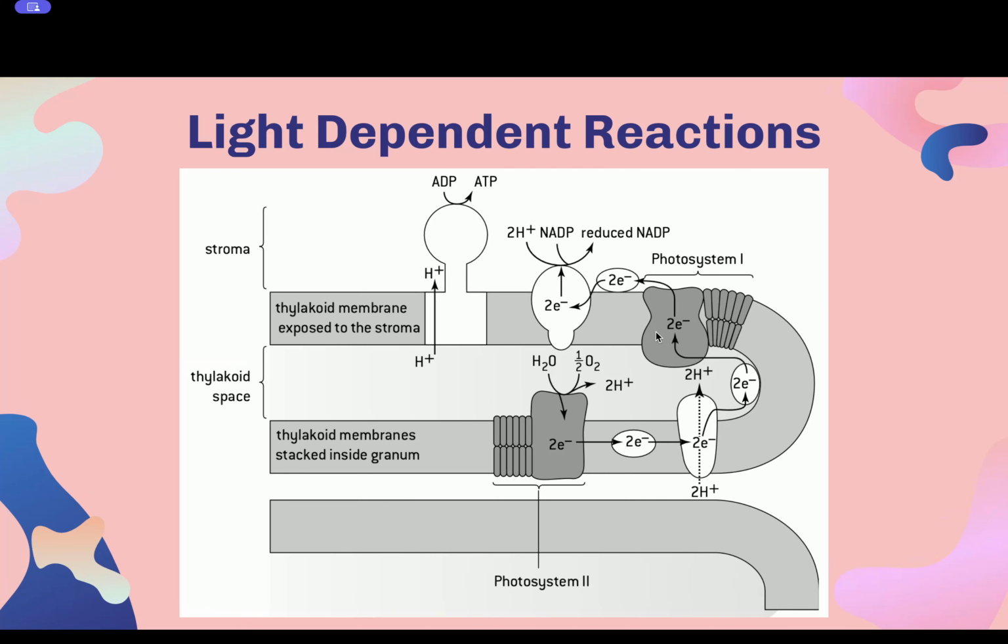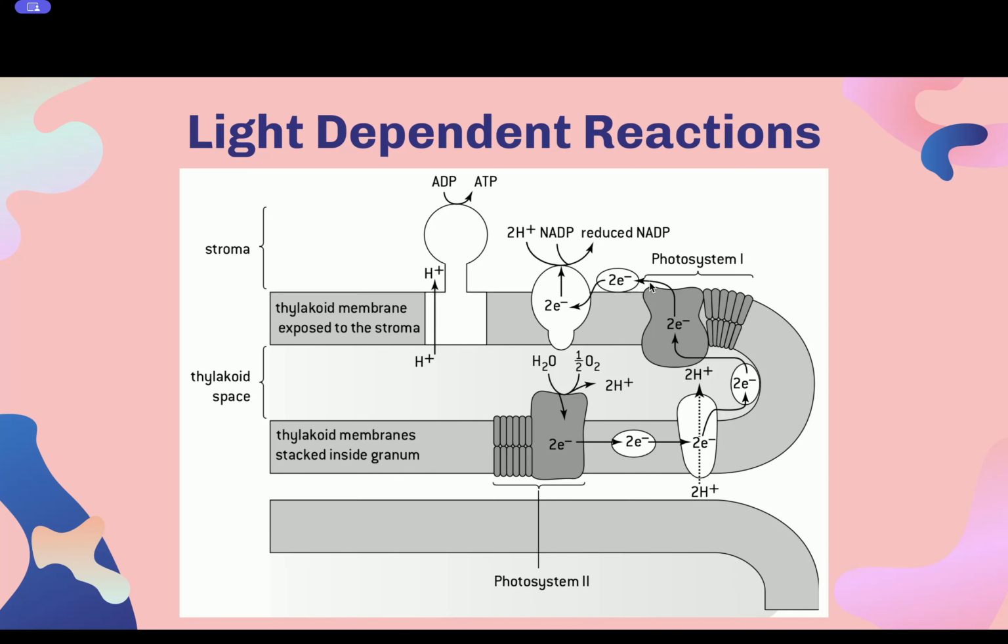Yeah, so in photosystem 1, again, 2 excited electrons are passed through. This gives them more energy because of the absorption of light, of course, and the photons. And because they have more energy, they're more reactive to NADP and to H plus.